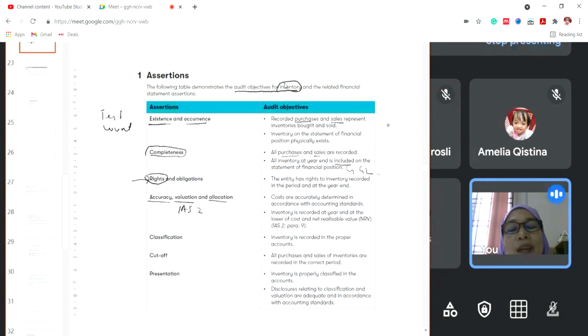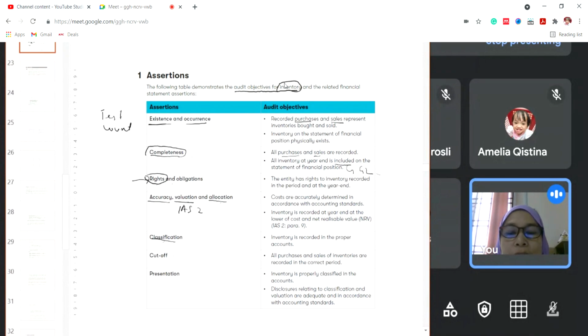Then it should follow IAS 2, lower of cost and net realizable value. Then correct classification: is inventory recorded in the proper account? If the purchase is made for inventory, it should be recorded under the inventory master file.